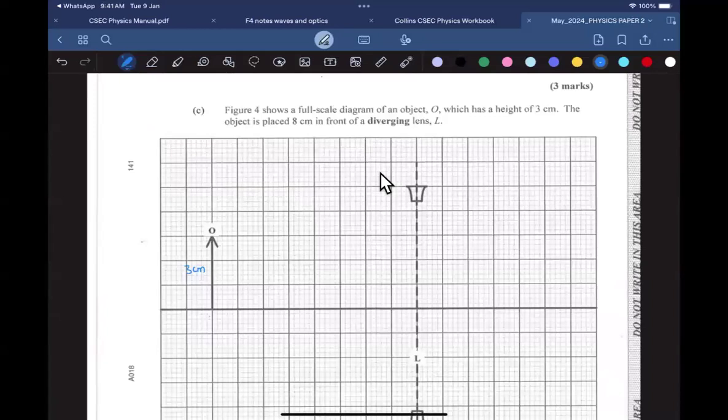So over here, it will be 8 centimeters away from L. Right. So 1, 2, 3, 4, 5, 6, 7. So this is gonna be 1. Two.